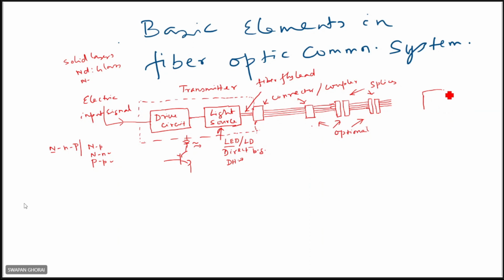It can be an optical coupler or a beam splitter, where you can split the channel into two or more.